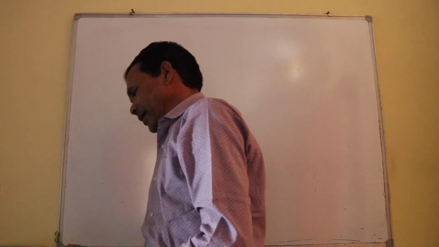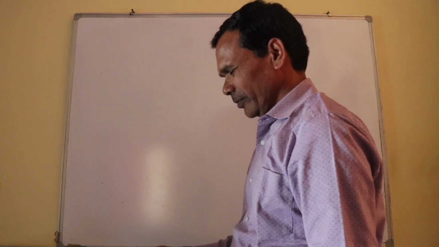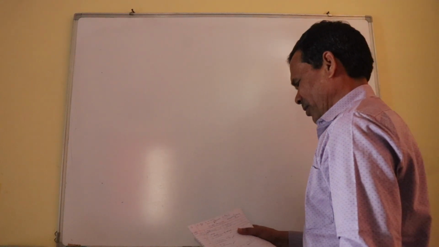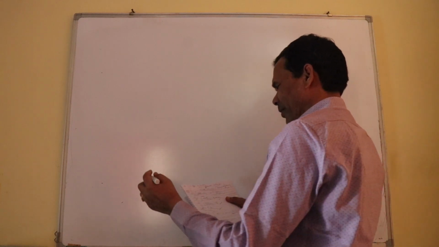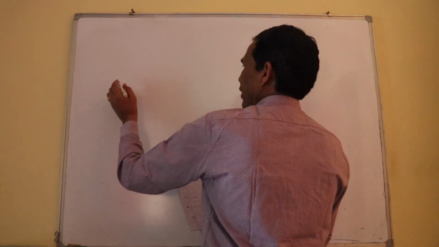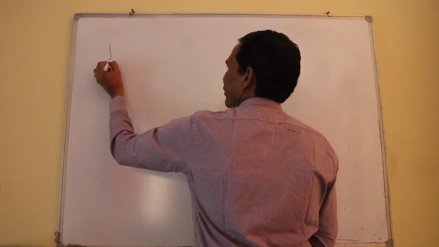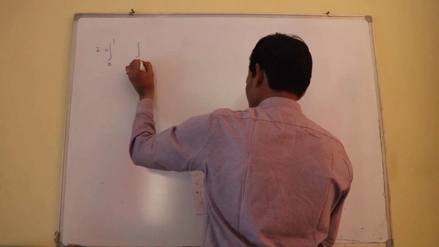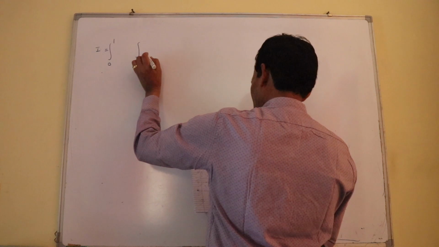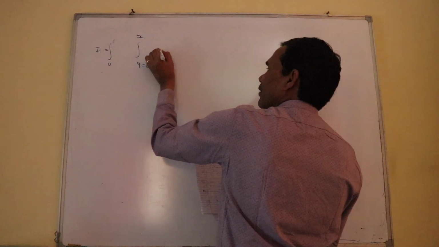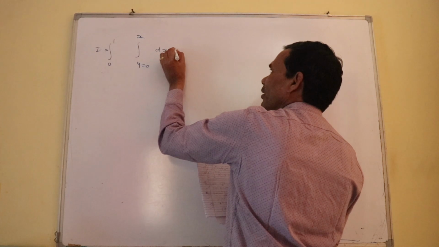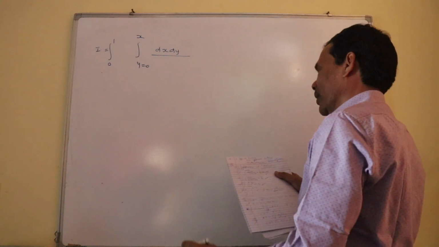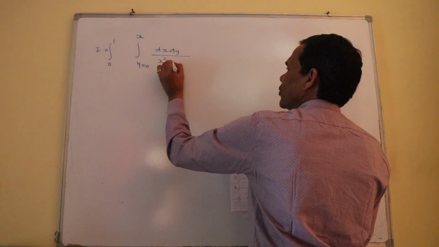Next example, that is, evaluate the integral 0 to 1, I is equal to 0 to 1, y is equal to 0 to x, dx dy. Check the time, how many minutes left? 15. Dx dy divided by x square plus y square.